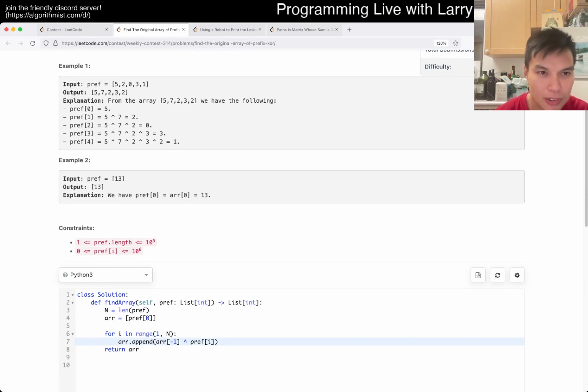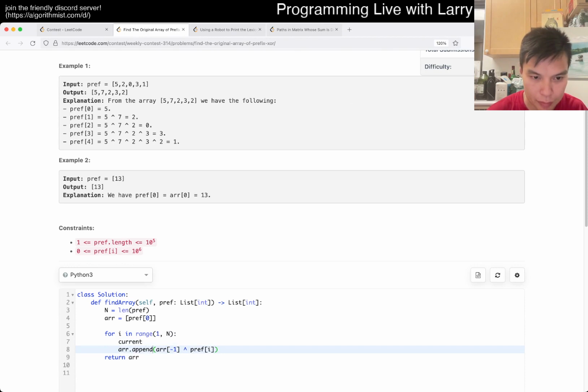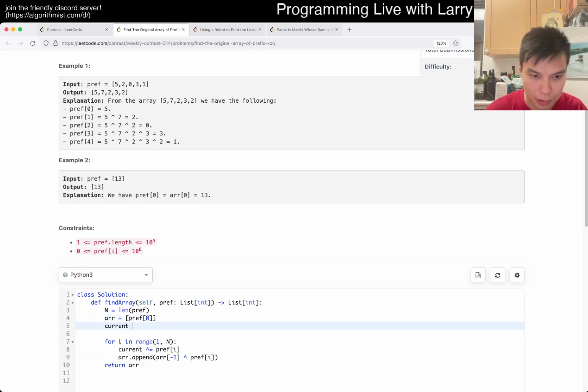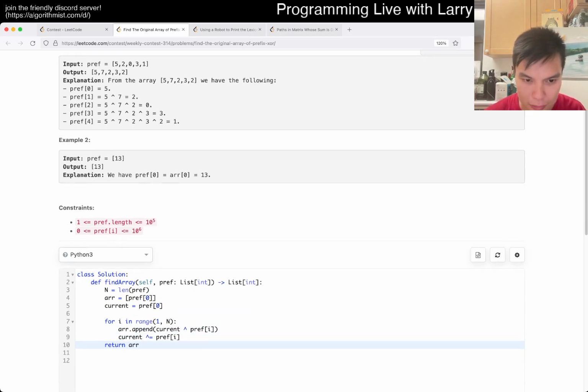How do you do that XOR? I thought that would be right, actually. 7, and then 7 to get 0. Oh, whoops, that's why. Okay, so current, whoops, and then something like that, right?